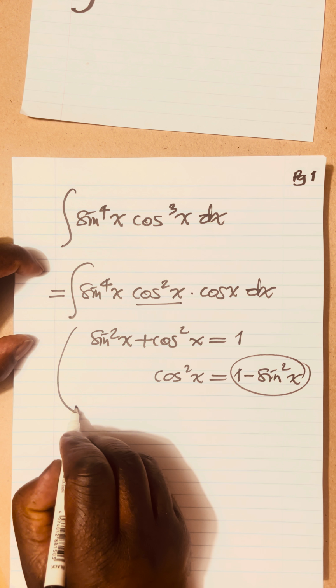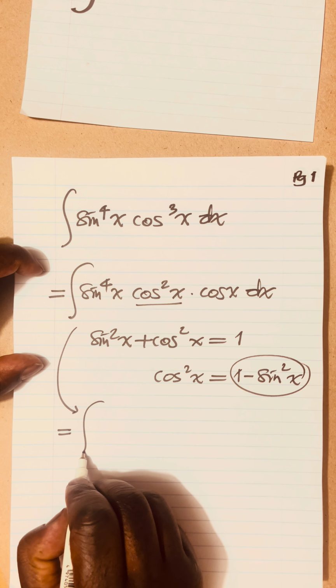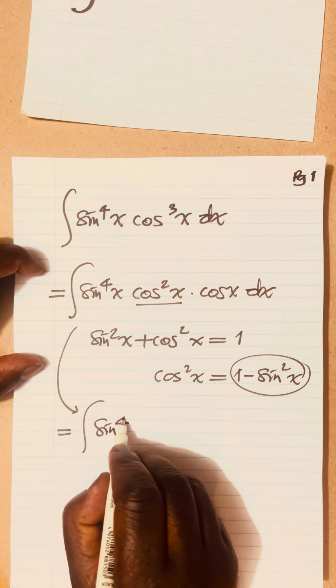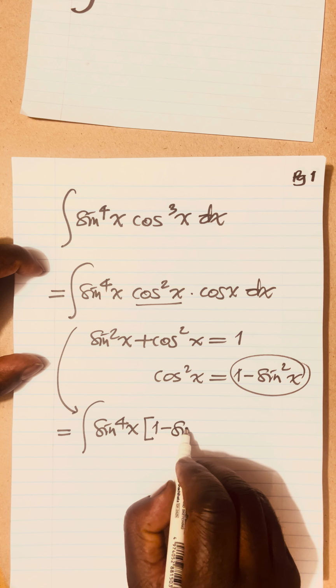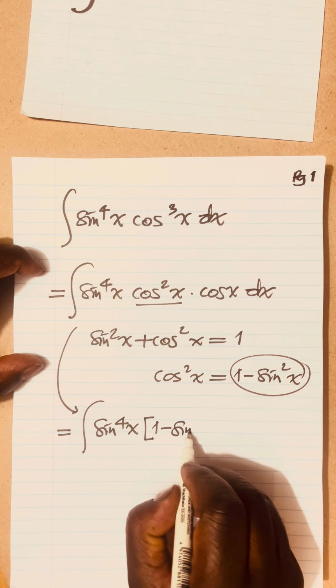So that integral then changes as follows. It's the same as the integral of sine power 4 of x times, open brackets, 1 minus sine squared of x, and then we multiply by cosine of x dx. Nice. Now I'm going to distribute sine to the power 4 across the bracket there as follows.